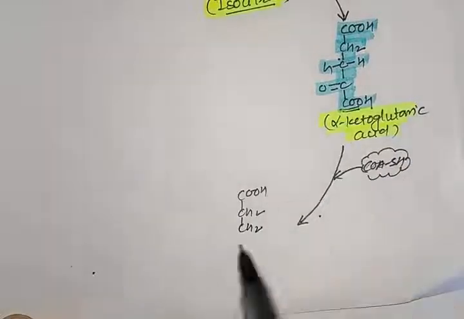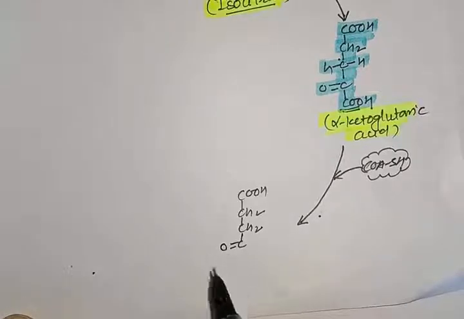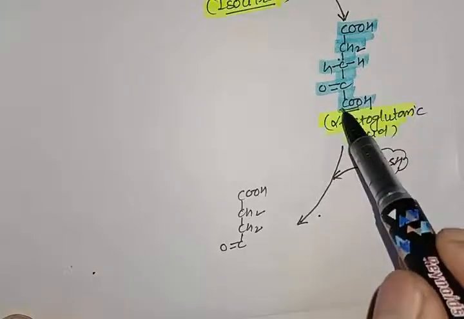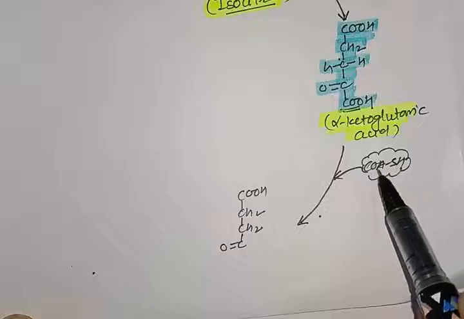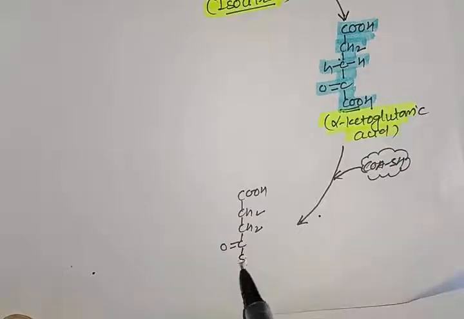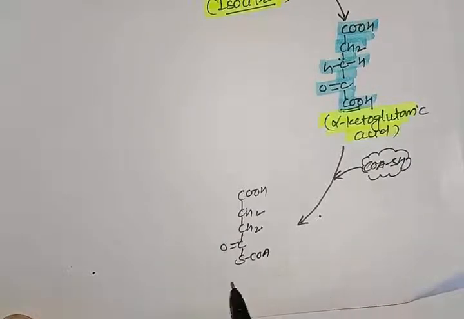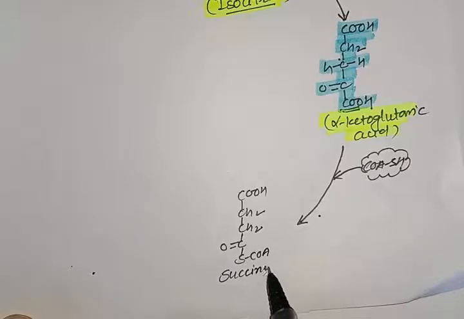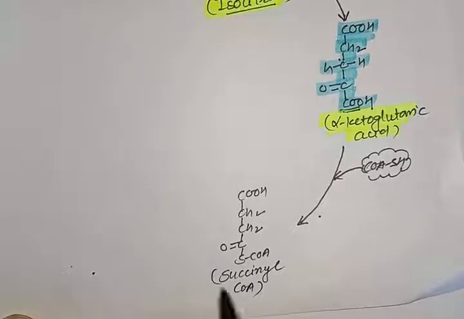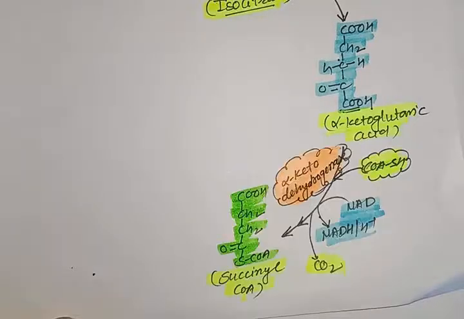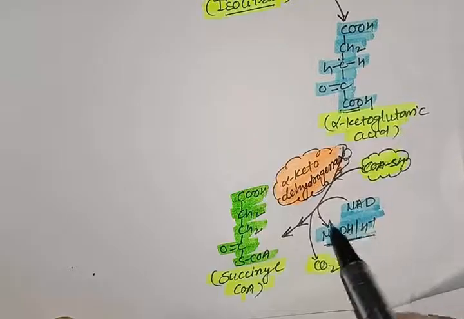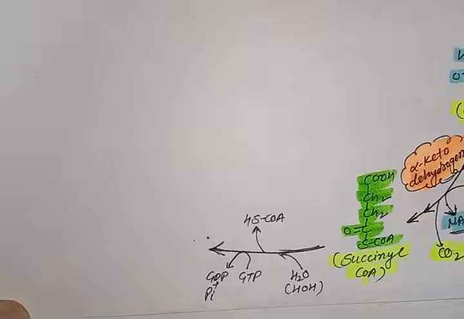After that this is also our CH2, then C double bond O, and when this CO2 is removed, this SCoA is attached here. This is our succinyl CoA. So succinyl CoA is formed in the presence of enzyme alpha ketoglutarate dehydrogenase. 1 NADH is also formed during this step.